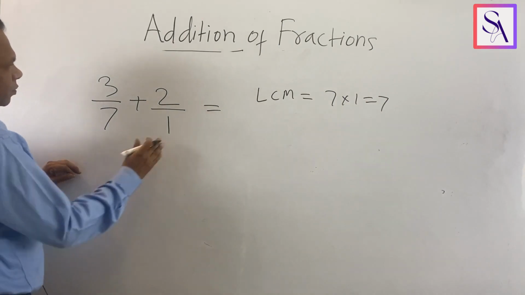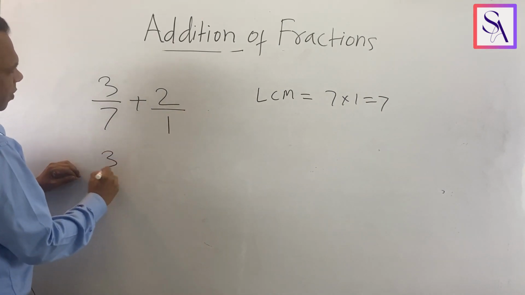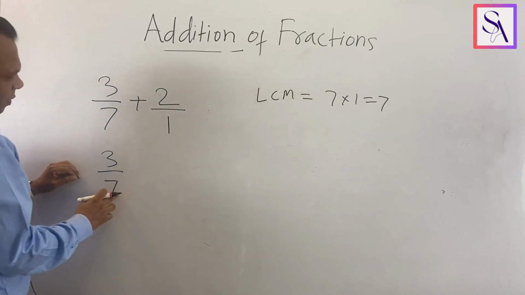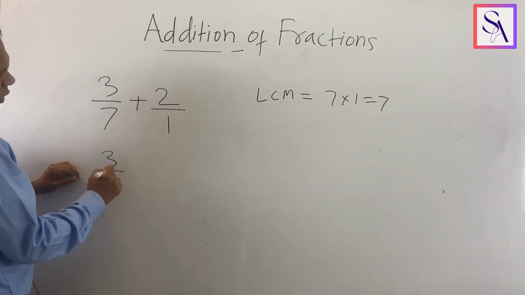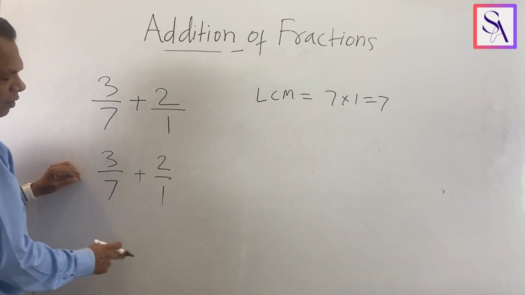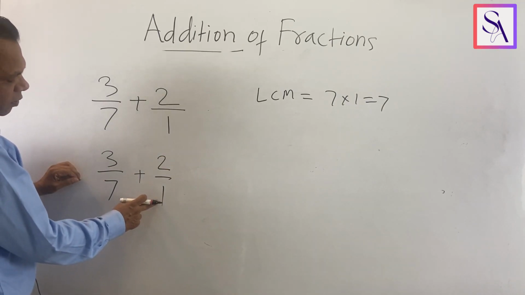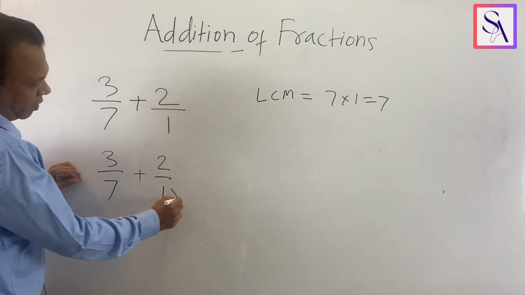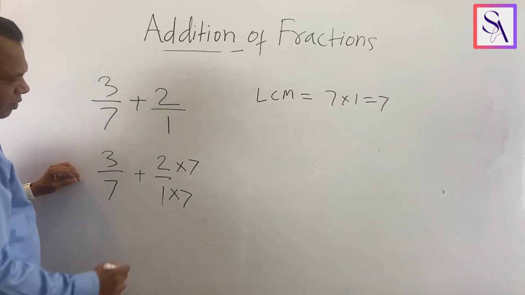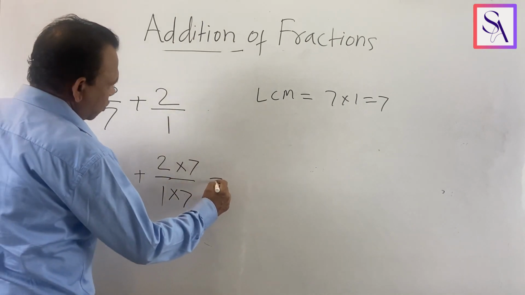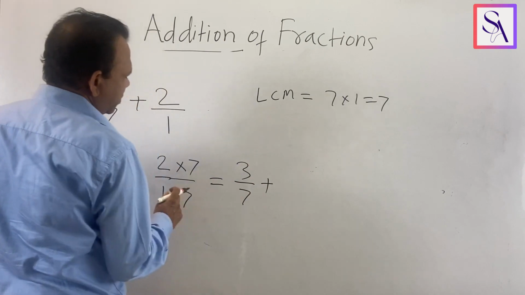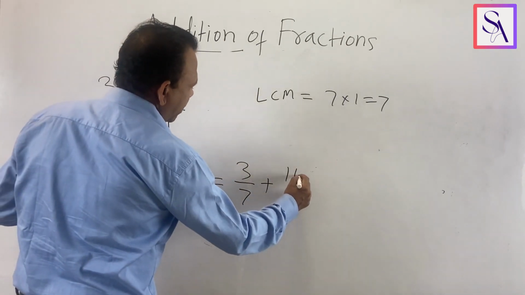So 3 by 7, if I have to make the LCM 7, 7 is already there, so no need to multiply, keep it as it is. 2 by 1, here if I want to bring 7, I have to multiply by 7, hence I have to multiply the numerator by 7 as well, right? So 3 by 7 plus 7 2s are 14 by 7.